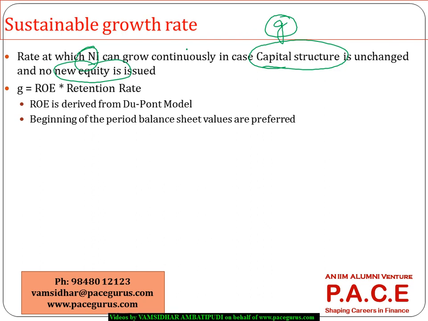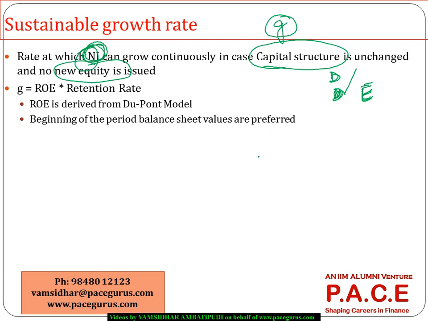So no new equity is issued means even if the E is growing because of the retained earnings, the D is also growing accordingly. So debt to equity ratio is more or less constant. If that is the case, at what rate can your net income grow? The rate at which the net income can grow is what we call the sustainable growth rate.